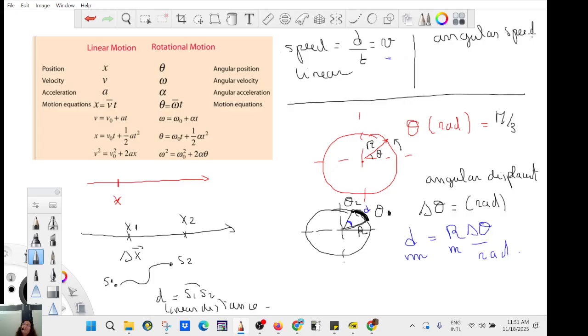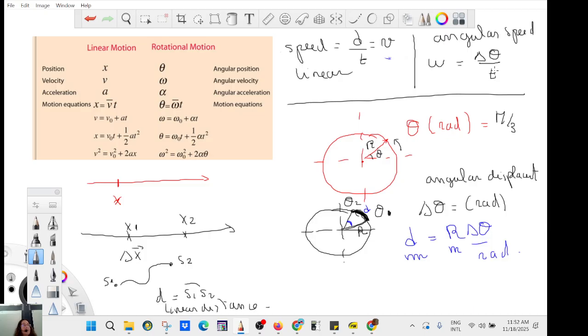So what is angular speed? Think of revolutions per minute. The old vinyl from my time was 33 revolutions per minute, or 45 revolutions per minute. So RPM, how fast it's spinning, is called the angular speed. The notation is omega. Omega is by definition the angle that is swept divided by the time elapsed.